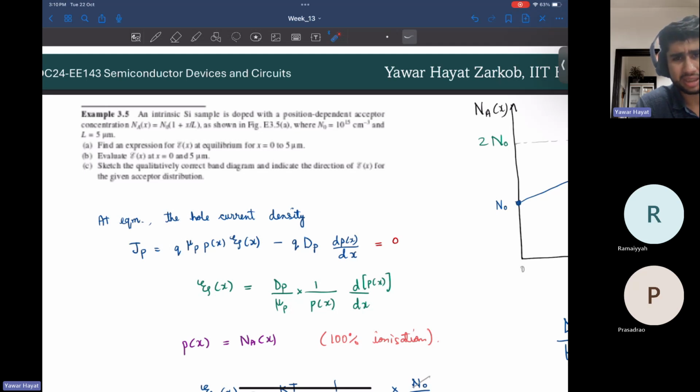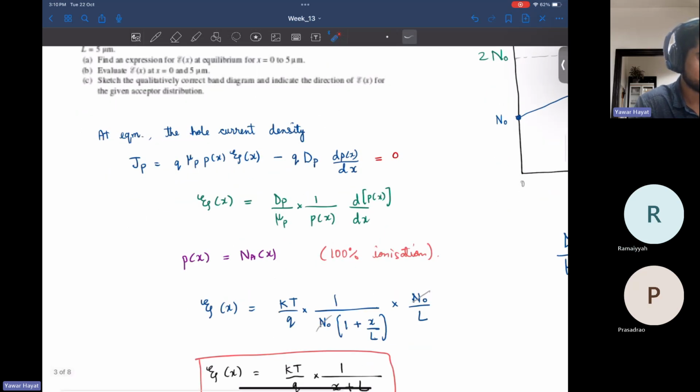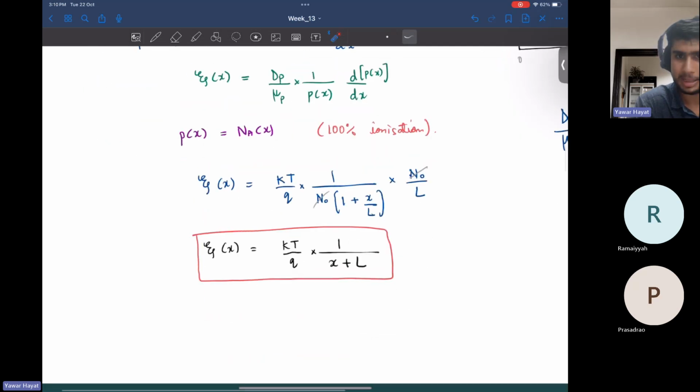Otherwise, we needed the fraction of the acceptor ions that were ionized. If we were given that, maybe we could have proceeded and computed P of X some way. But let's keep it simple. We assumed 100% ionization and we wrote P of X as N_A of X and proceeded from there.